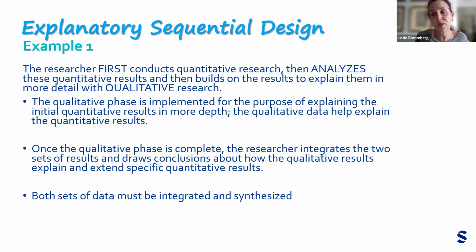And this goes back to what we spoke about in the beginning. The goal is that the sum is greater than the parts. So the end goal is an integrated, holistic explanation based on two very different types of data collection and data analysis, but with the purpose of integrating them so that the one explains or supports the other.